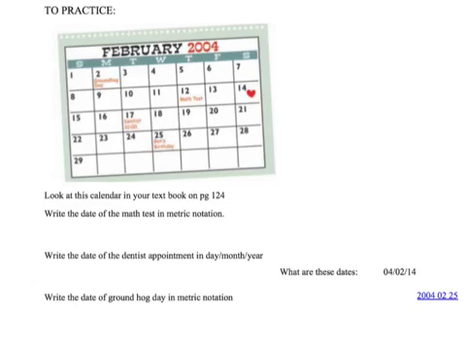All right, at this point you are going to practice, and you are going to make sure that you are writing them in metric notation. Take a look at the calendar on your textbook, at page 126. First of all, you're going to write the date of the math test. I know this calendar is not overly clear, but you need to take a look at the one in your textbook as well.